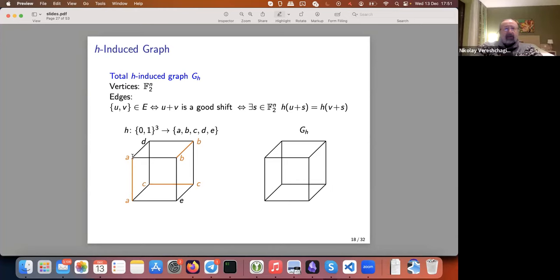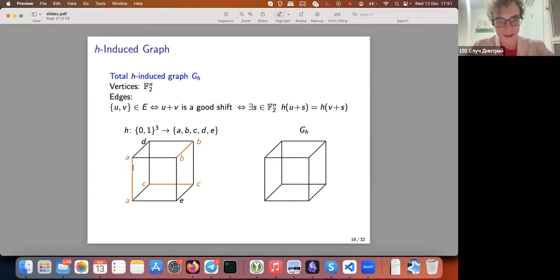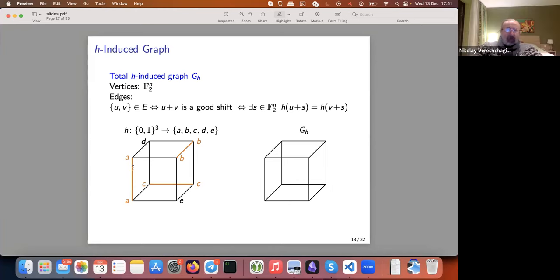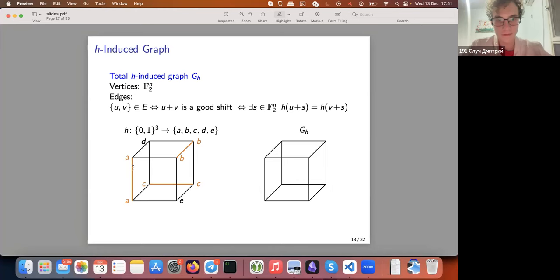Good shift is an XOR of these two vertices. Yeah, technically it's not an edge. So you indicated these letters on the Boolean cube are the values of H. So yeah, and you just indicated all the good shifts by edges. Okay.